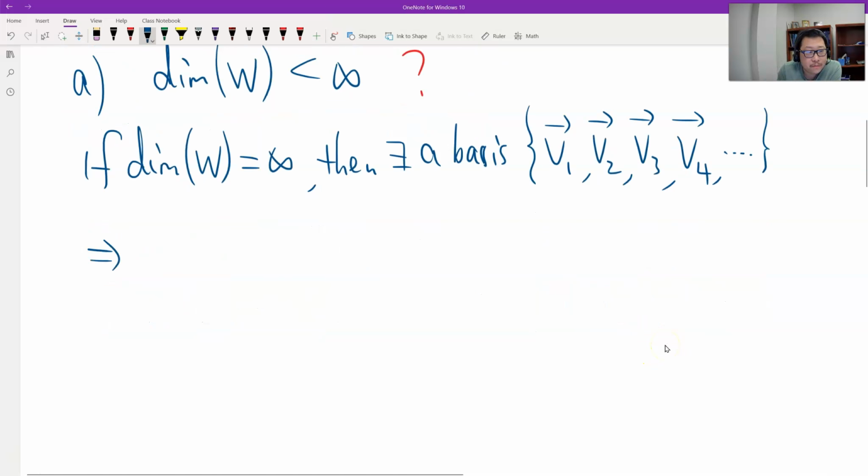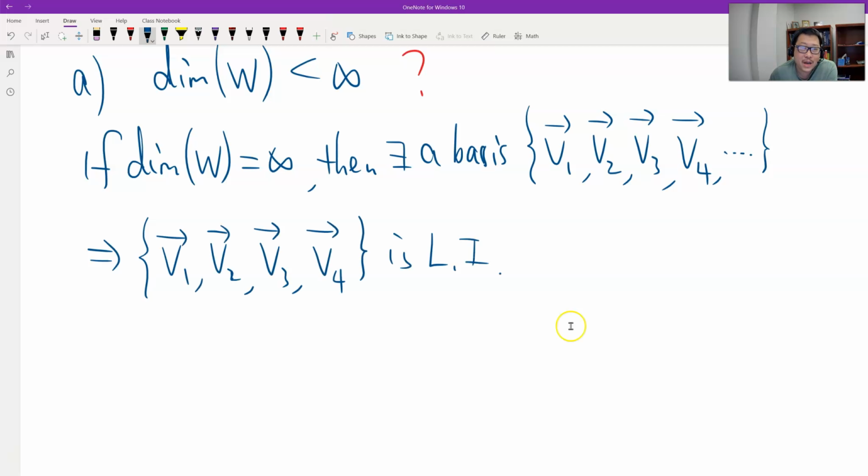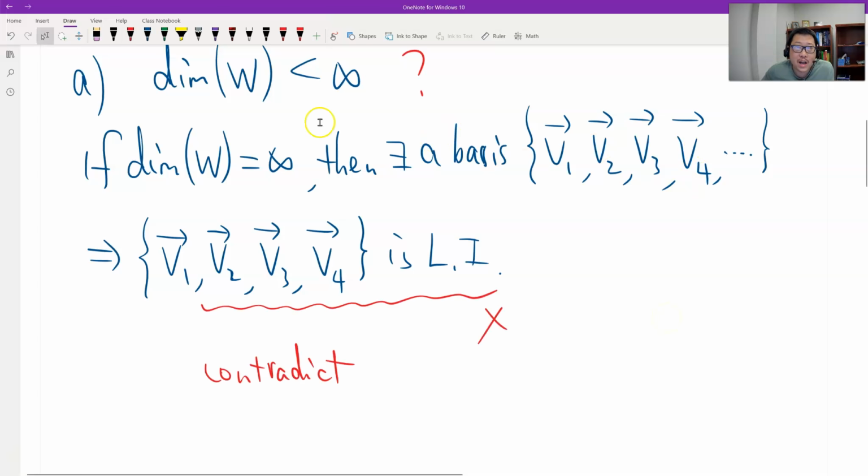And therefore, by the definition of a basis, any part of the basis should be linearly independent, right? So this is already a contradiction. Why? Because the dimension is 3. Now we have more than 3 vectors in the set, so this set should be linearly dependent, right?